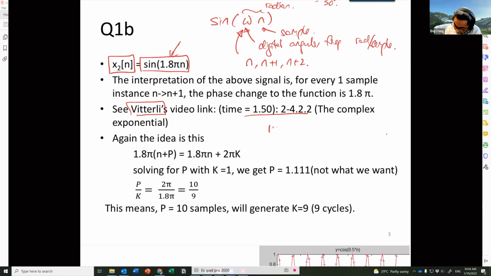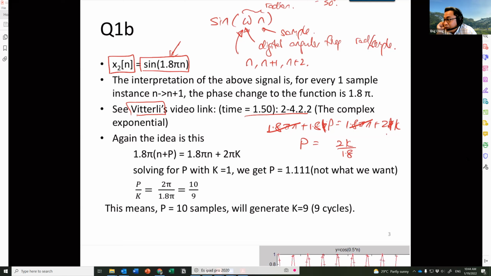We have 1.8 pi n plus 1.8 pi p is equal to 1.8 pi n plus 2 pi k. So this guy goes away and we are left with 1.8 pi p equals 2 pi k. We can throw away the pi and therefore we get p equals 2k over 1.8.